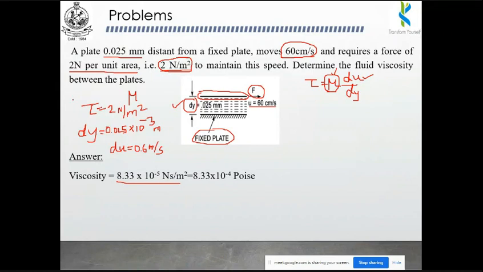You have to find the value for mu simply. So mu is equal to tau into dy divided by du. So substitute these three values.